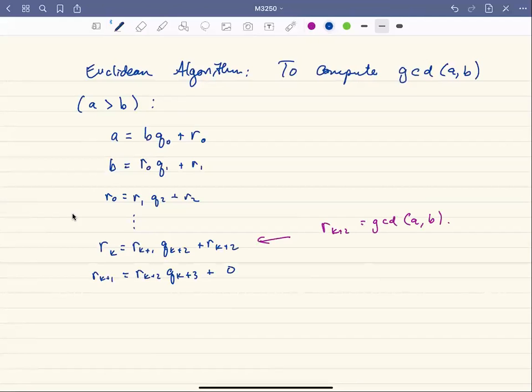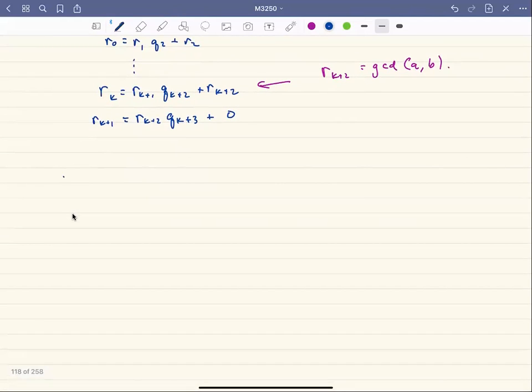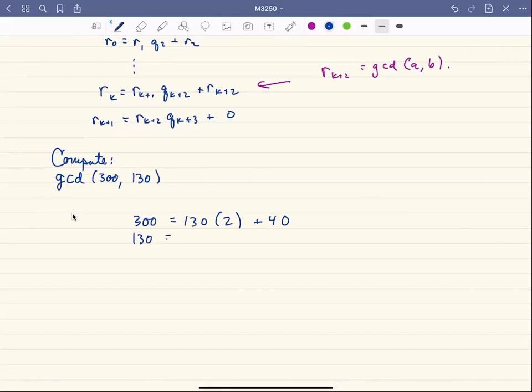So in practice, let's use this algorithm to compute the GCD. Let's compute the GCD of 300 and 130. And so what we do is we take 300, 130 goes into 300 twice with a remainder of 40, and 40 goes into 130 3 times with a remainder of 10, and 10 goes into 40 4 times with a remainder of 0.